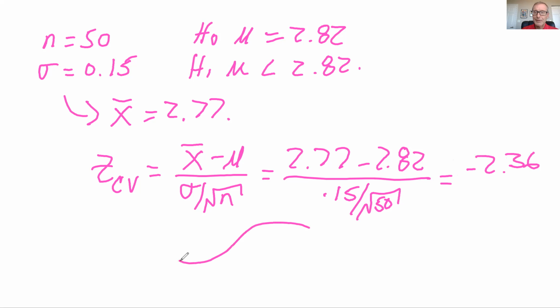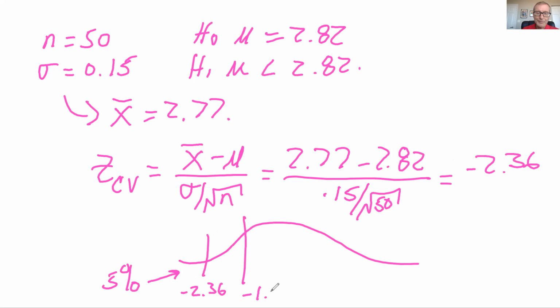So again, a really small number for a Z-score. If you're worried about this being 5% for our left tail, that's a Z-score of minus 1.645. And you can see that this is quite a bit less than that. So again, you could reject this null hypothesis, and that means you would accept the alternative hypothesis. That's the ultimate goal when you run these tests.